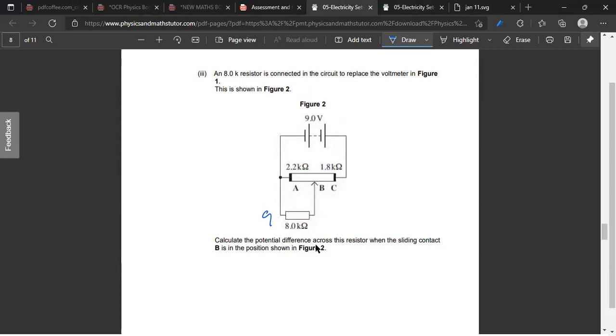Is it 9? I don't think it should be 9. Whatever the value, let me think on this first.